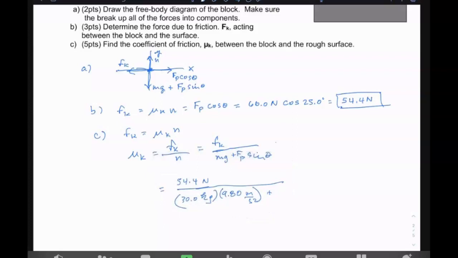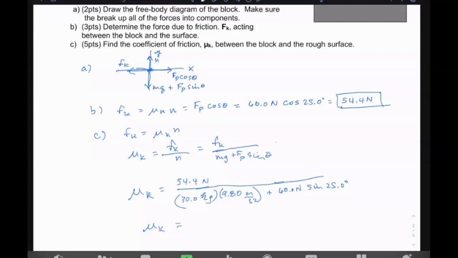So F sub p is equal to 60.0 newtons. And then we're multiplying that times the sine of 25.0 degrees. And then we carefully put that in our calculator.